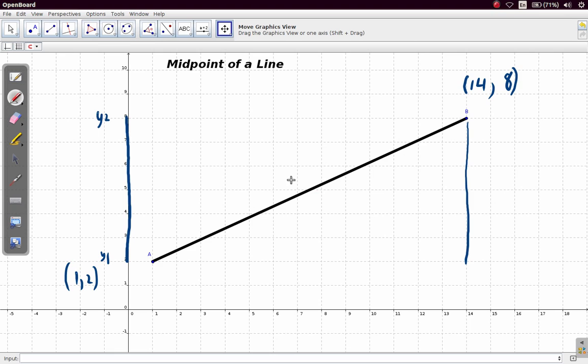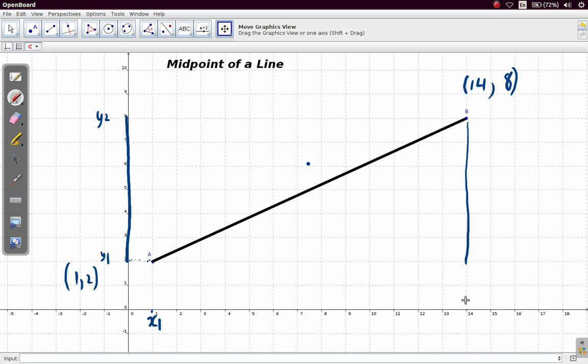Now, going across, we have this point. We call this y1, which corresponds with the point at A. So let's call this x1. So this is x1, and we call this point up here y2.